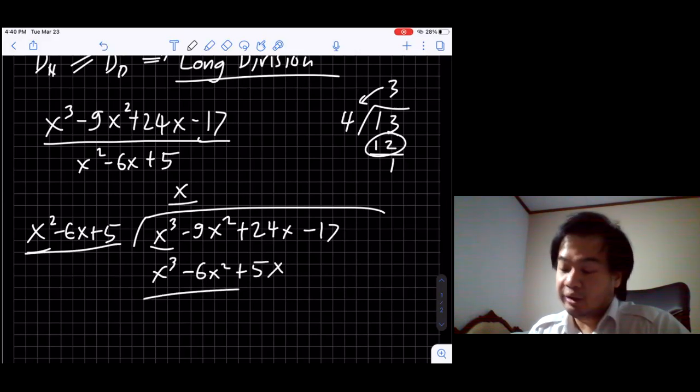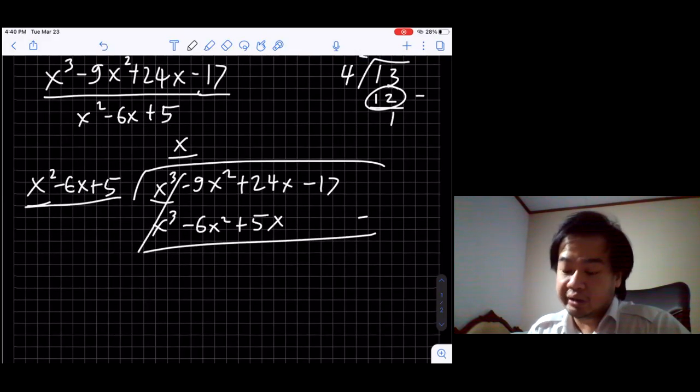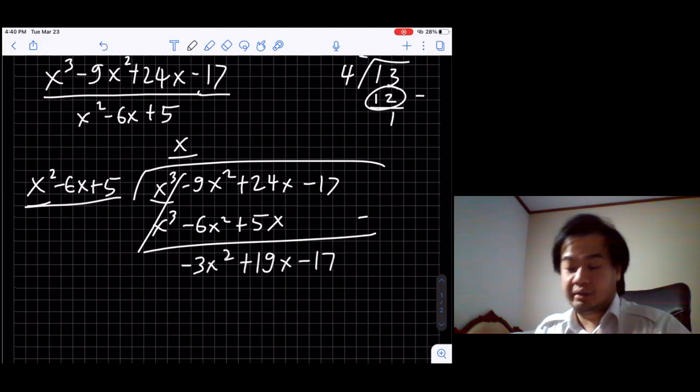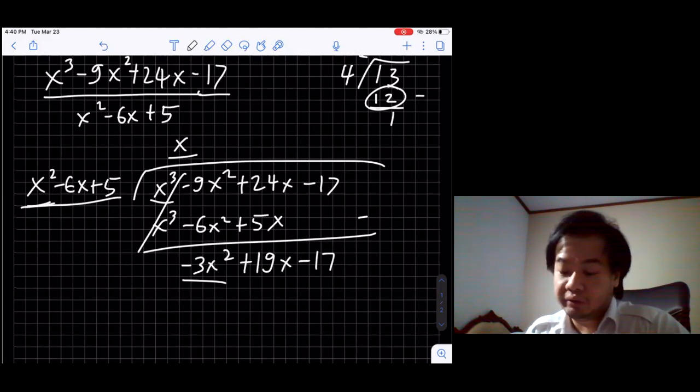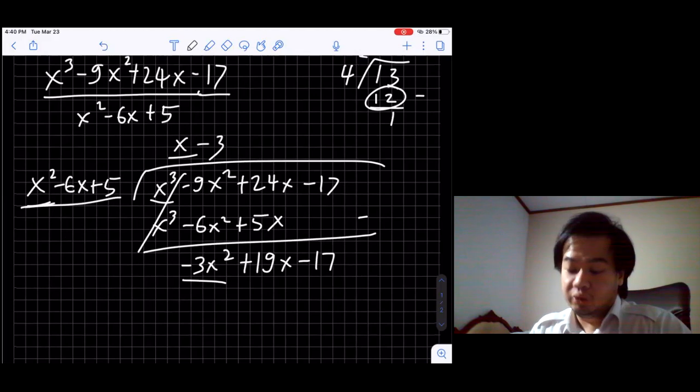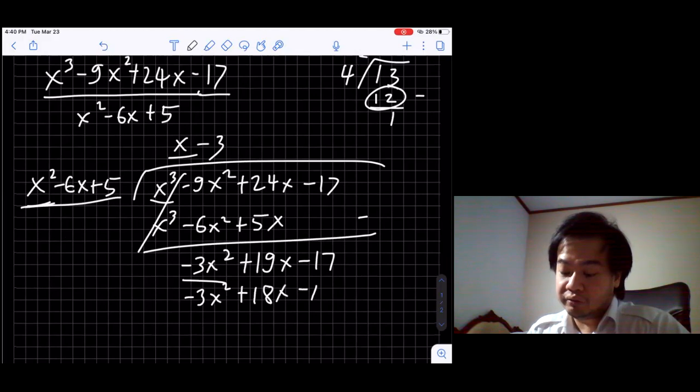And then what you do here is subtraction. So this is cancelled. So the result is negative 3x squared plus 19x minus 17. And then do the same thing, divide this one with this one. So you have negative 3. And then multiply, minus 3x squared plus 18x minus 15.